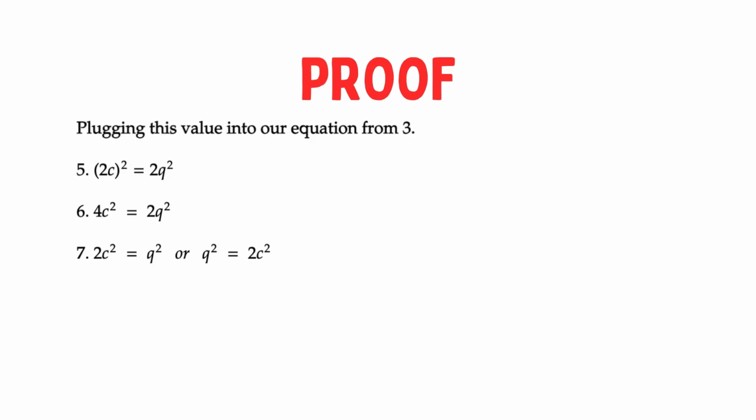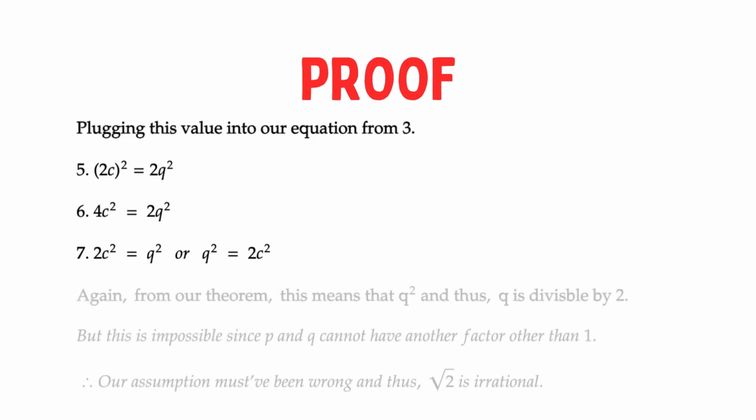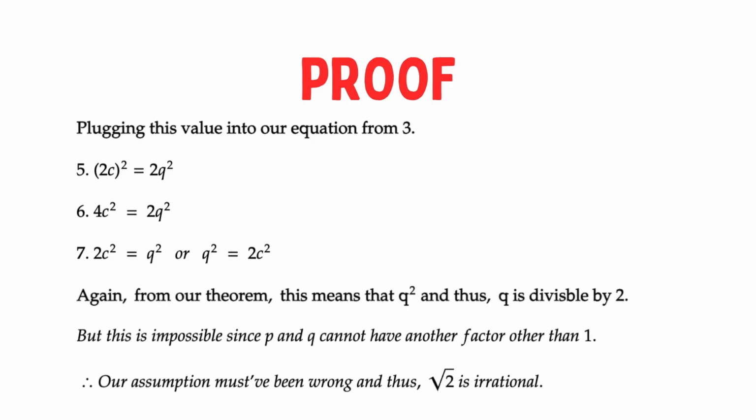And that means that if we simplify and divide both sides by 2, 2c squared is equal to q squared, or q squared is equal to 2c squared, sorry. Again, from our theorem, this means that q squared, and thus q, is divisible by 2.